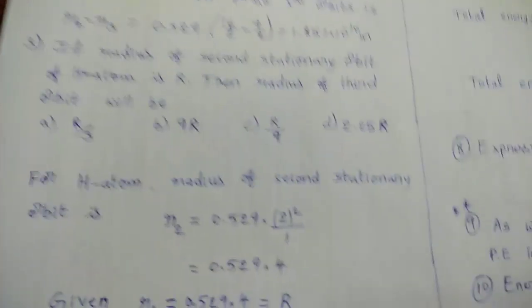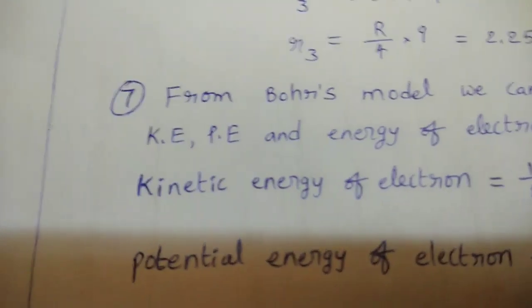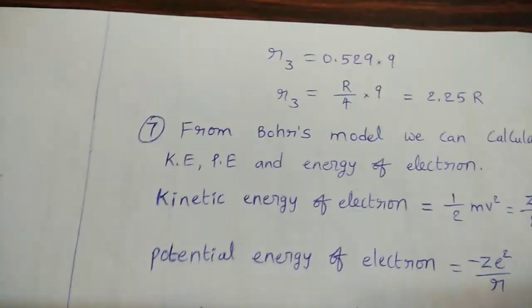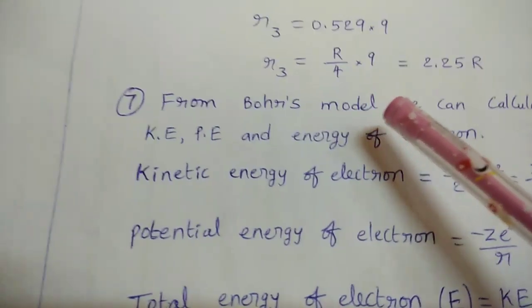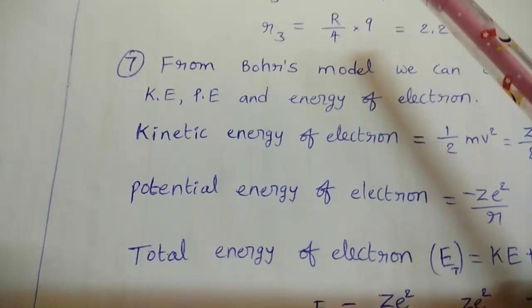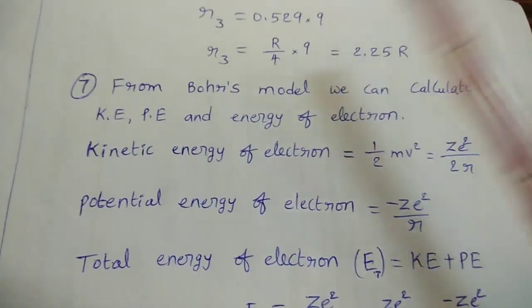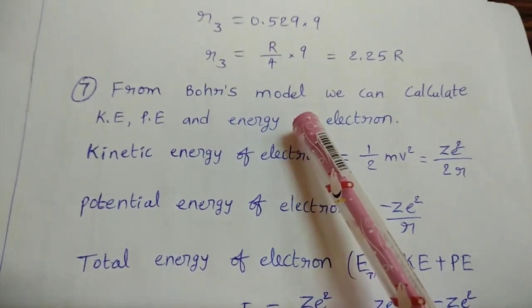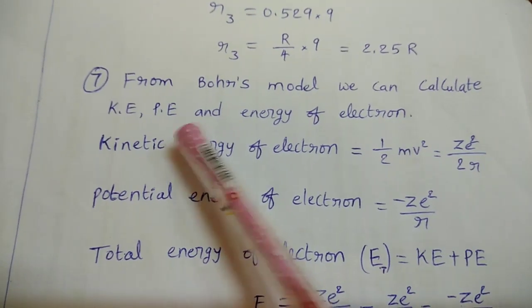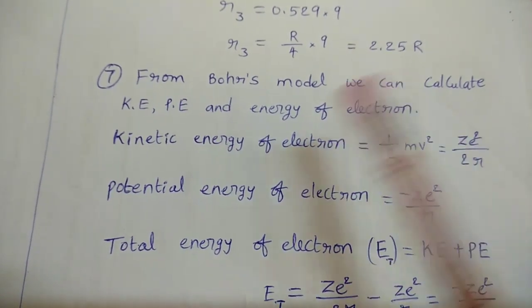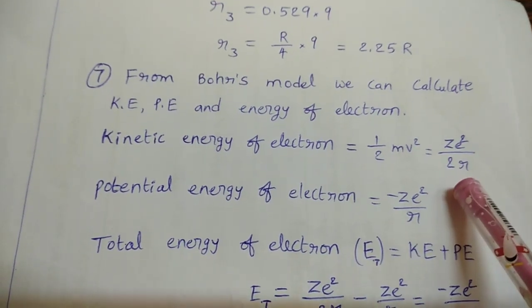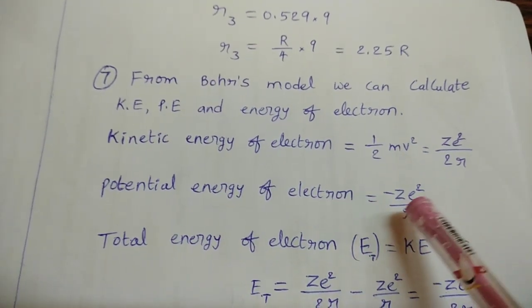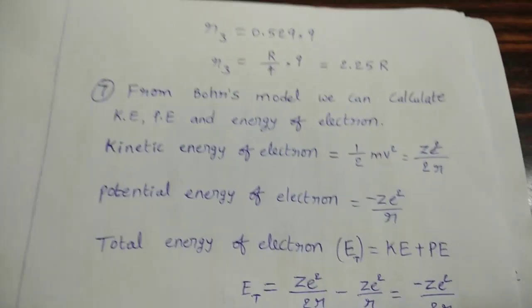Okay, next. So these are some of the numericals related to the radius of the orbit. Now see the continuation part of Bohr's model. From Bohr's model, we can calculate the kinetic energy, potential energy and total energy of the electron in a particular orbit. See the formula for them. Kinetic energy of the electron, half mv square equal to Ze square by 2r. Potential energy of the electron equal to minus Ze square by r.